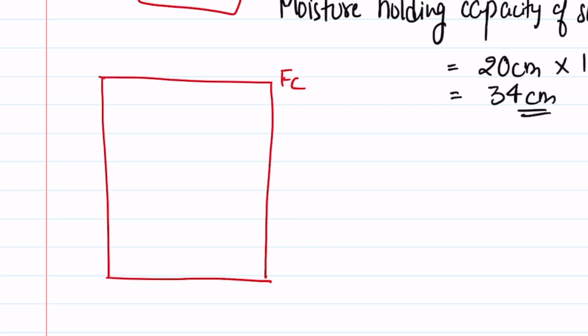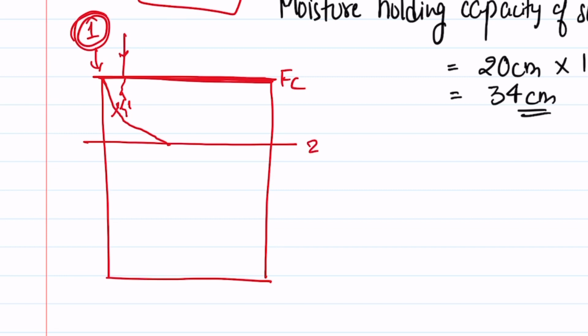Watering is done and the moisture content is brought back to its field capacity. Let's say irrigation was done on day one, and on the second day the roots of the plant will start to absorb this moisture, and the moisture content of the soil will keep on decreasing: day two, day three, day four, day five, day six, day seven, and so on. As soon as the moisture content reaches 50% of the moisture holding capacity, again the watering is done.